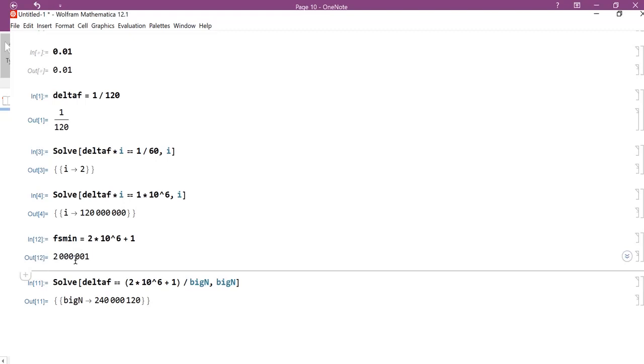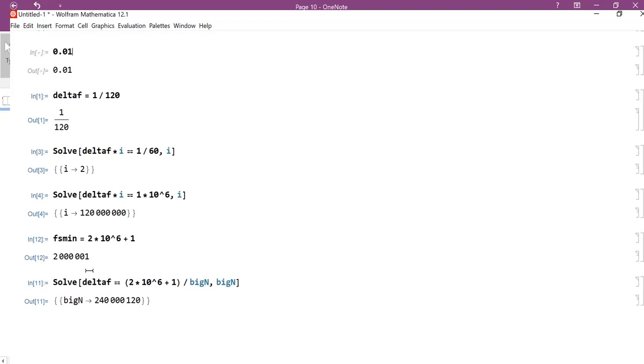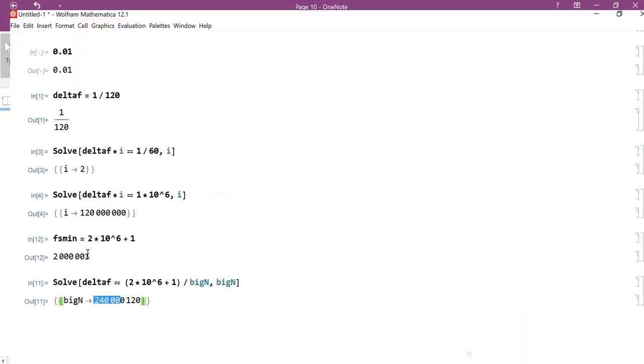Your minimum delta F, we've shown here, is needed to meet the requirement that we need a frequency resolution of at least this or less. That won't give us this kind of error. This would be your minimum big N value, the minimum number of points.